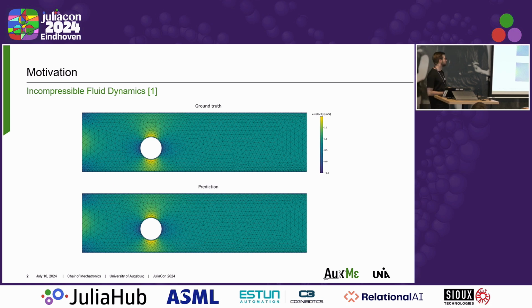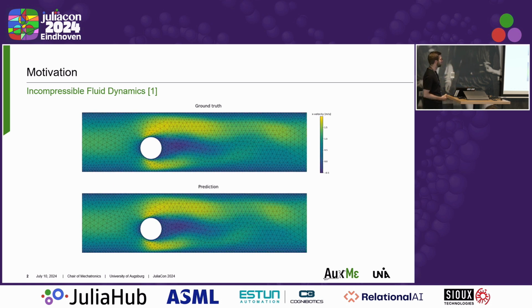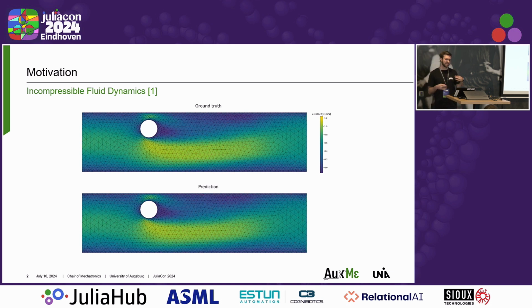And this is just the example of an incompressible fluid dynamics. So you can see just fluid flowing from the left to the right around that white cylinder. And I just want to show you the results of a ground truth versus the prediction. And you always see these kind of fancy animations and you think, okay, well, that looks pretty good.